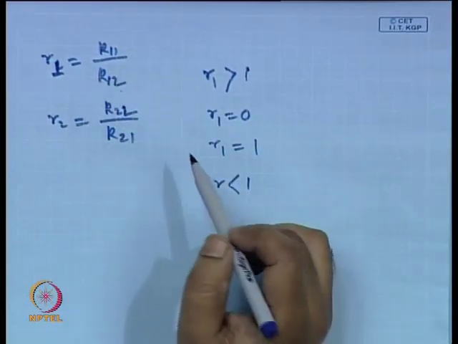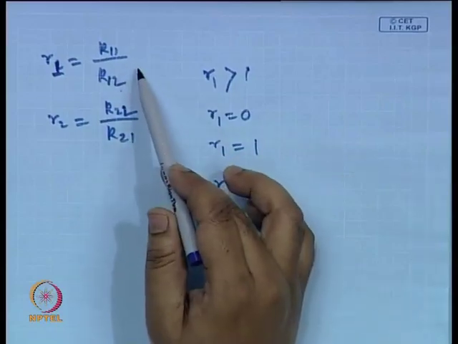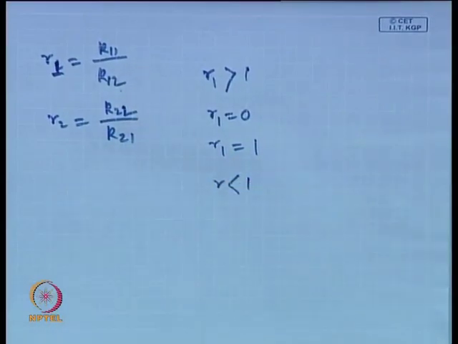Now, in the expressions of r1 and r2, we do not have any rate constant for the termination and initiation reactions.